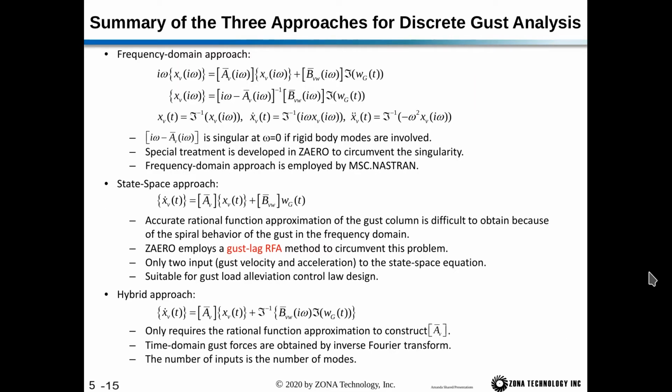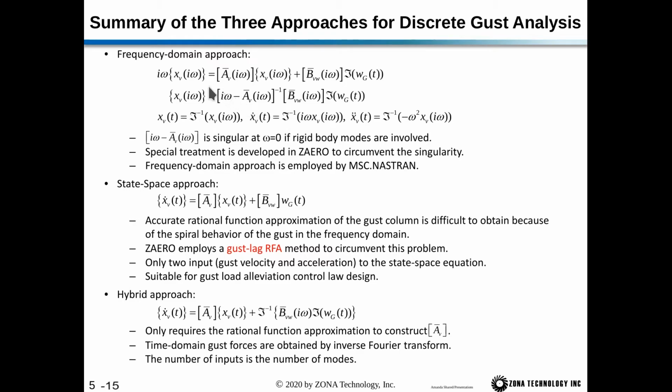So the summary of the three approaches that we have available for discrete gust analysis: the frequency domain approach is given here, where our xv of t is the inverse Fourier transform of xv of i omega, x dot v is the inverse Fourier transform of i omega times xv of i omega, and then x double dot v of t is the inverse Fourier transform of minus omega squared times xv of i omega.